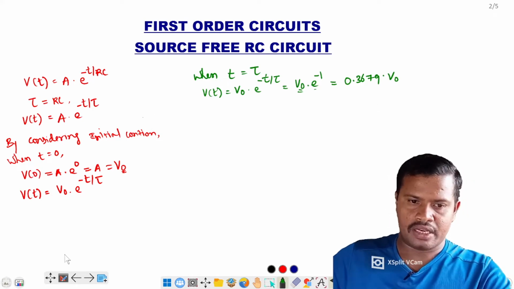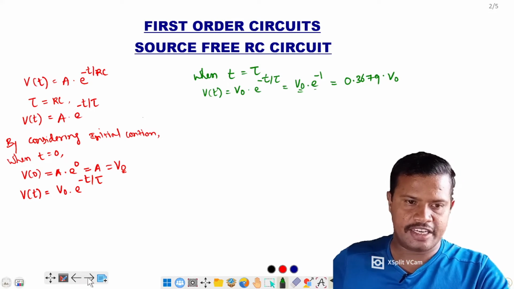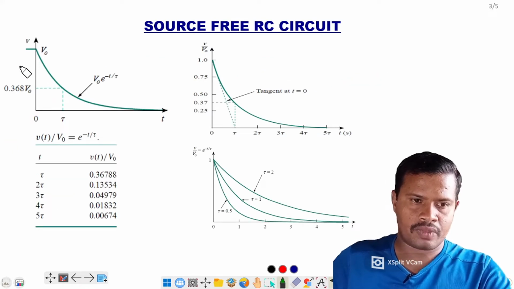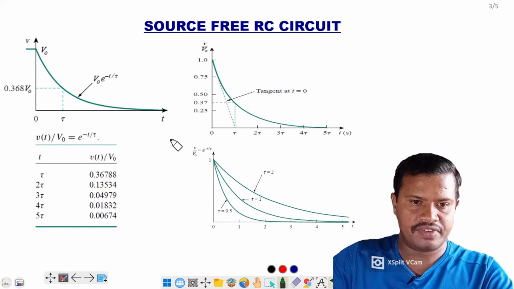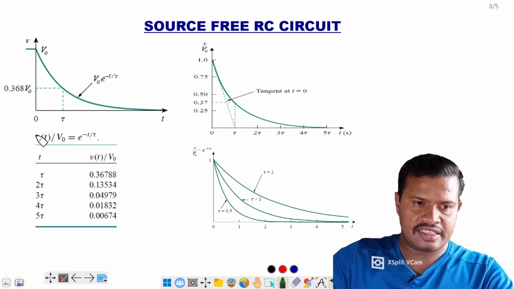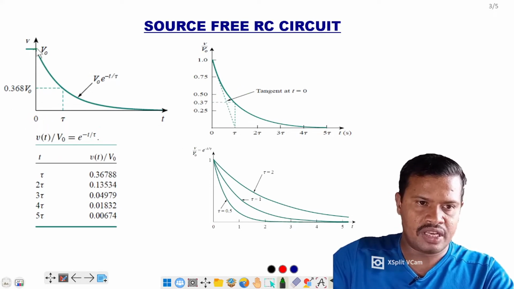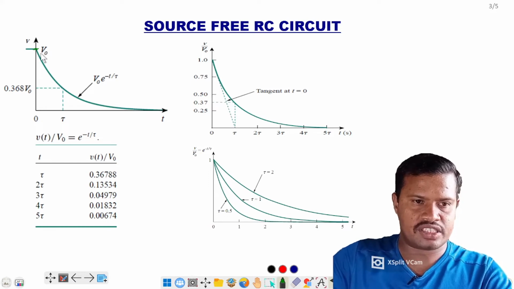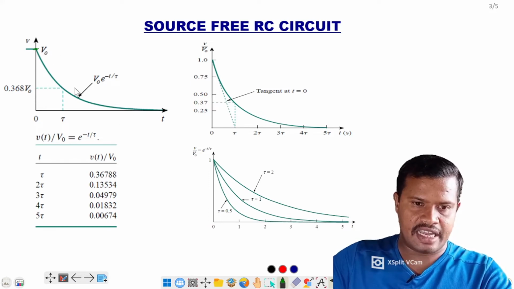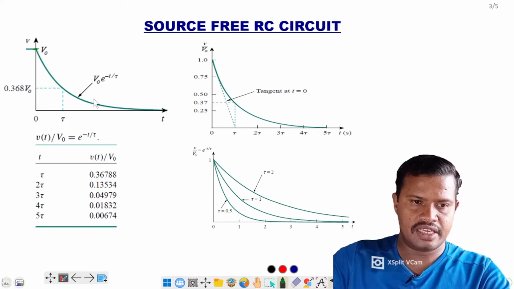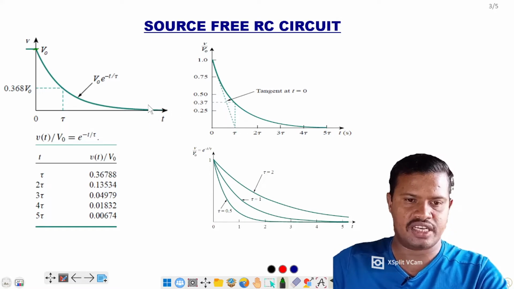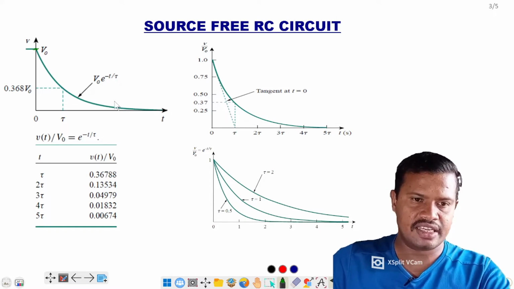Okay, next we will plot the graph between v and t. At time t equal to 0, the initial voltage V0 is available, and as the time increases, the curve starts dropping exponentially. It is decaying.